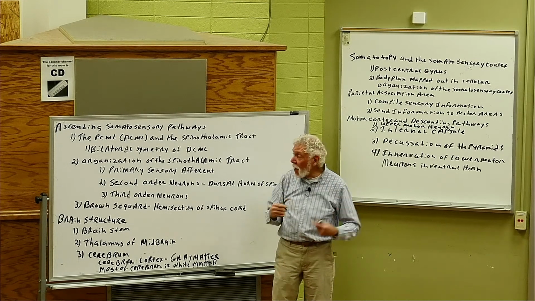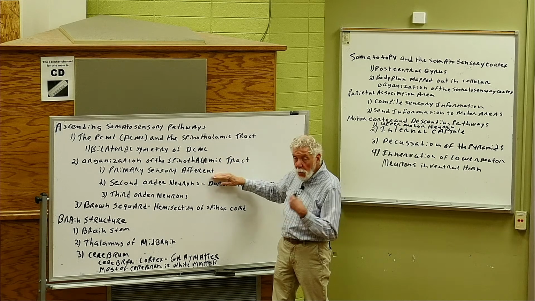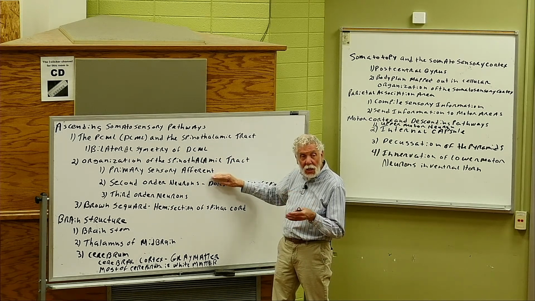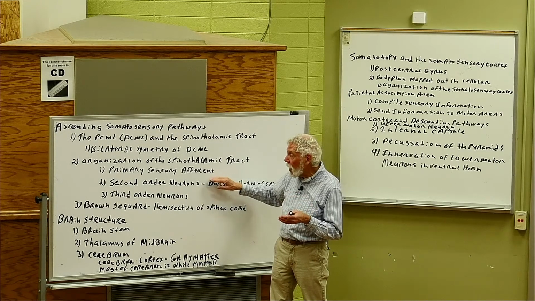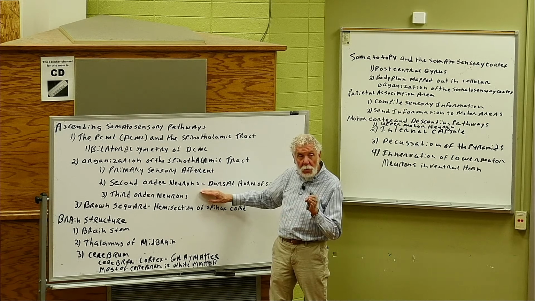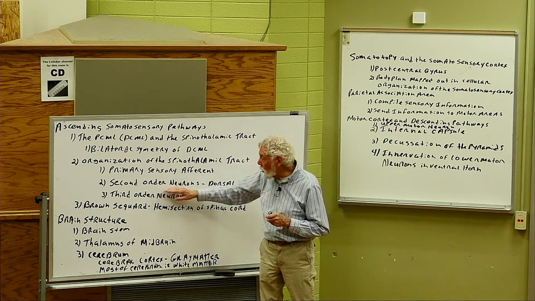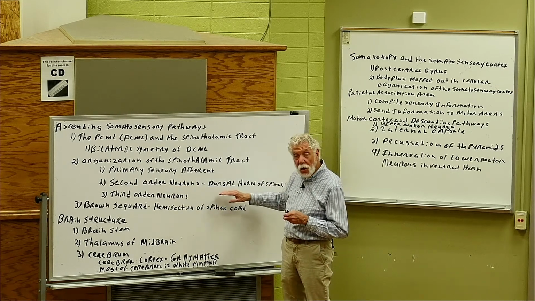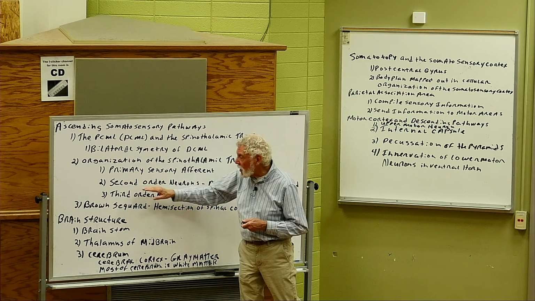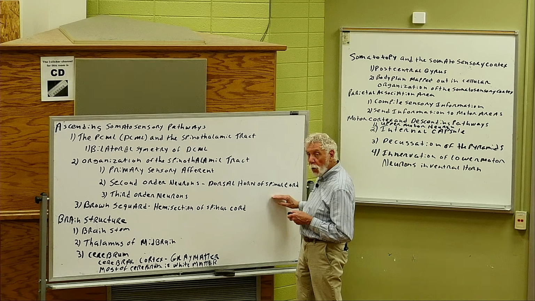So we'll see then another story here where the primary sensory afferent of the spinothalamic tract obeys all those same rules. Never crosses the midline, has the cell body in the dorsal root ganglia, and then sends a process into the central nervous system. Story is the same up to here. But now it changes a little bit. At this point, the primary sensory afferent synapses onto the second-order neuron in the dorsal horn of the spinal cord.